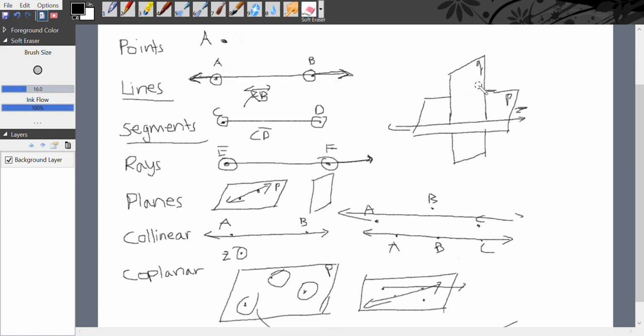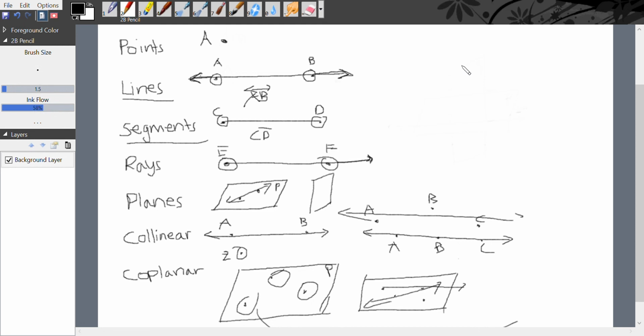So if I was to give another question, how could, for example, 3 planes intersect at one line? Just take a moment to think about that. How could 3 planes intersect together?